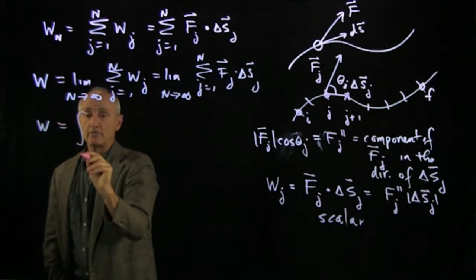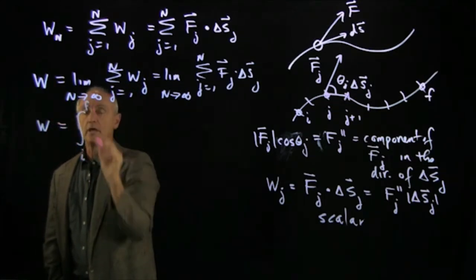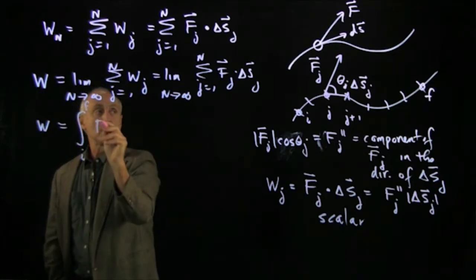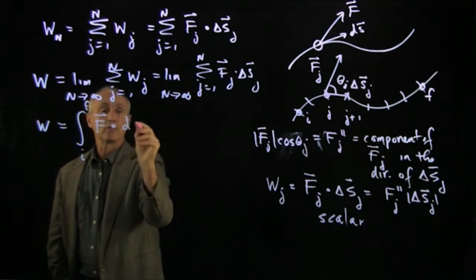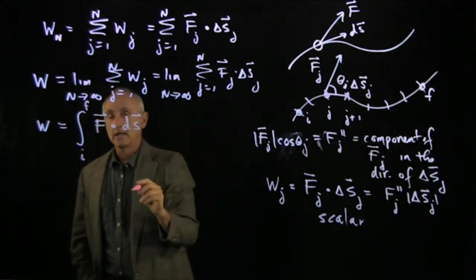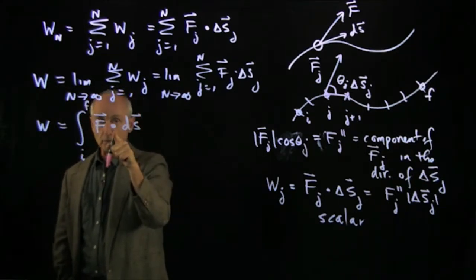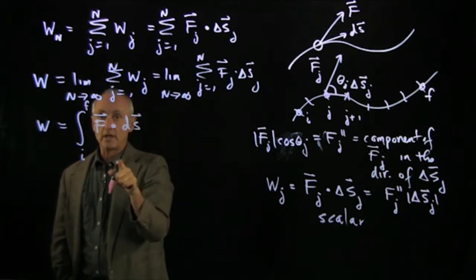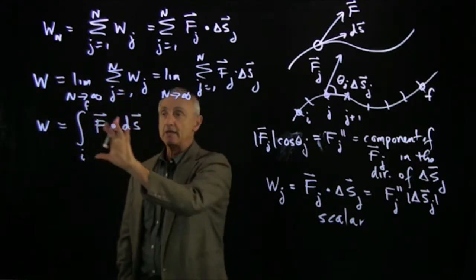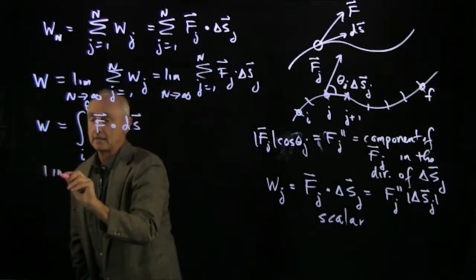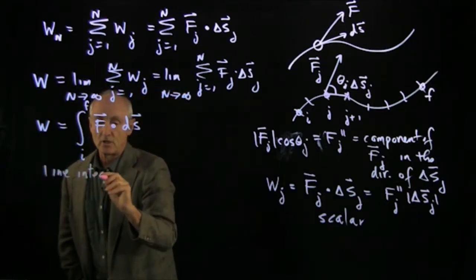We'll denote a line integral from our initial to final point, and it's a dot product of the force dotted into the small displacement. Now, whenever we see the dot product in an integral, that distinguishes it from a normal integral, and this is what we call a line integral.